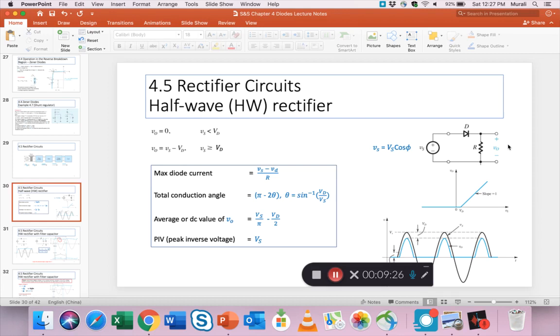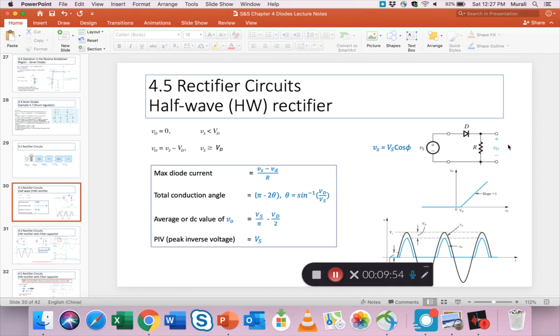Now the AC source Vs that is shown there, I show it as Vs equals capital Vs times cos phi. It can be the secondary of a transformer, or it can be directly off of a transformer, which means the diode has to be pretty large if it's working directly off of 120 volts, but generally you have a step-down transformer.